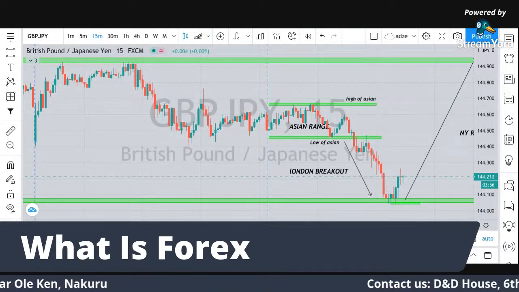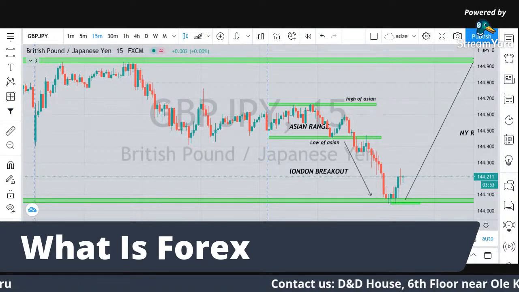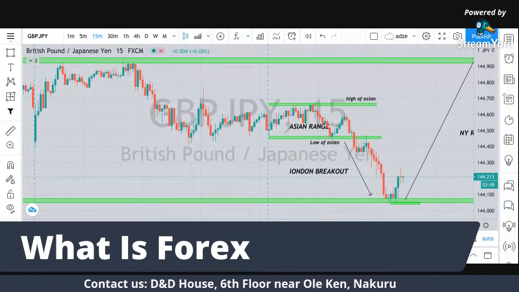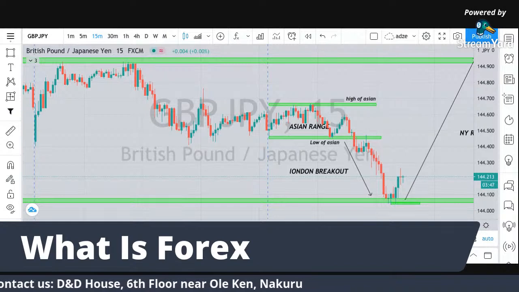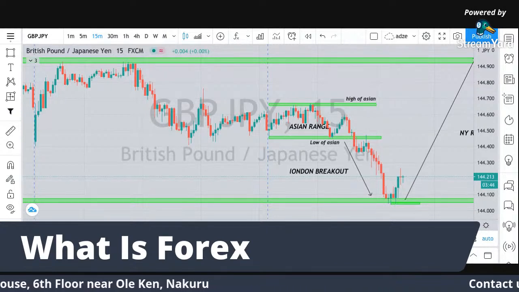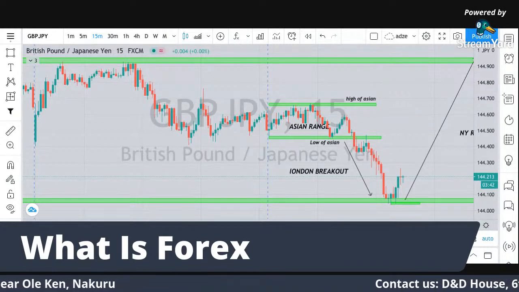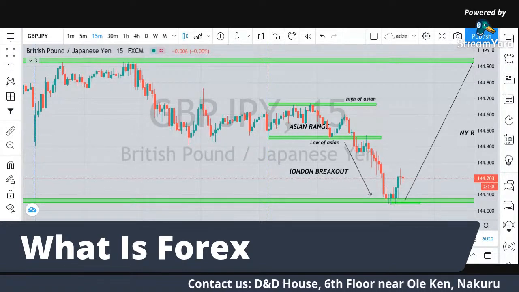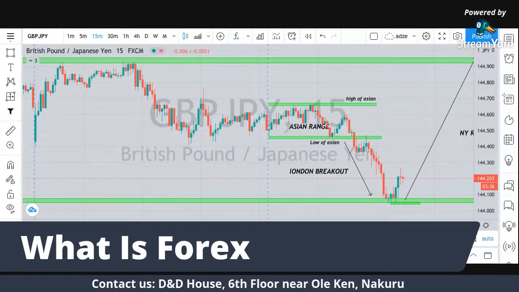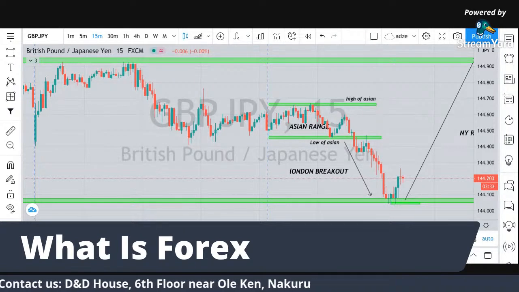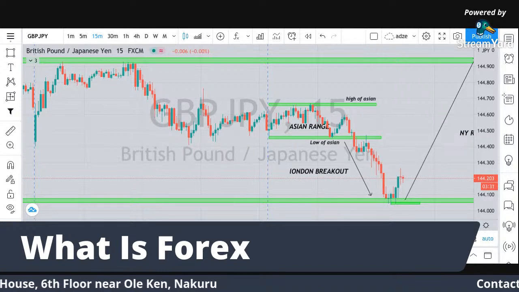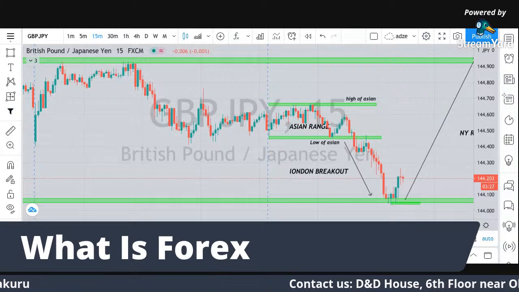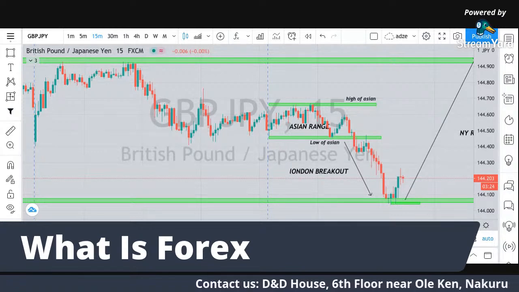Yeah. So the other question is starting forex in Kenya. There's no difference in starting forex in Kenya or US or maybe Zanzibar. You can start forex anywhere in this world. It's only that certain countries have rules that govern forex trading. The reason is that a lot of people have lost money from forex.